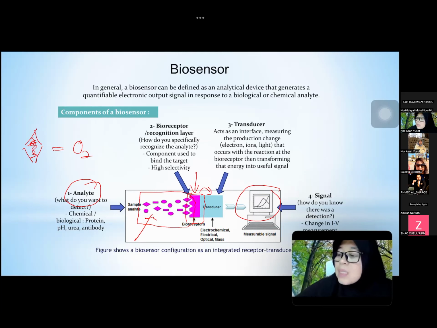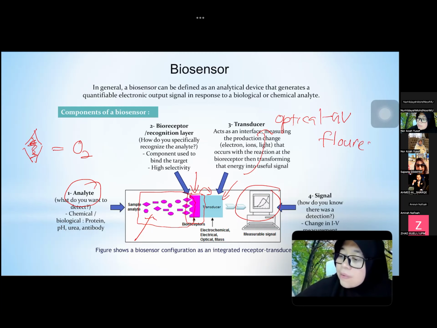So these signal changes are detected by the transducer. I think we have discussed that the transducer can be optical. An example of optical that you are probably familiar with is UV, fluorescent.